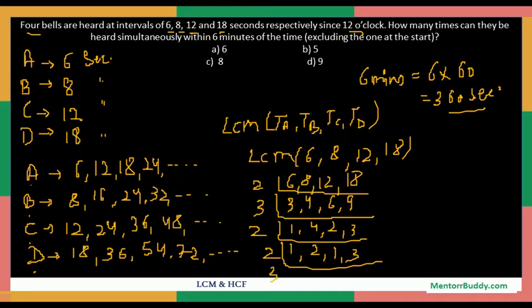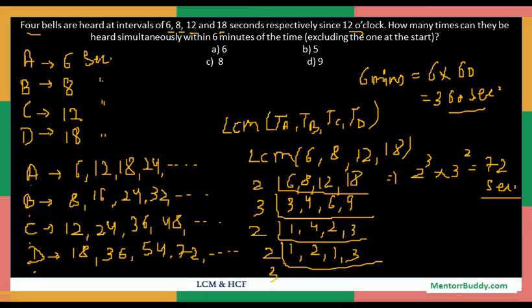So in this case the LCM is going to be 2 to the power 3 into 3 to the power 2, which equals 72. So that will be 72 seconds. So the very first time the 4 bells are going to ring together is after 72 seconds.